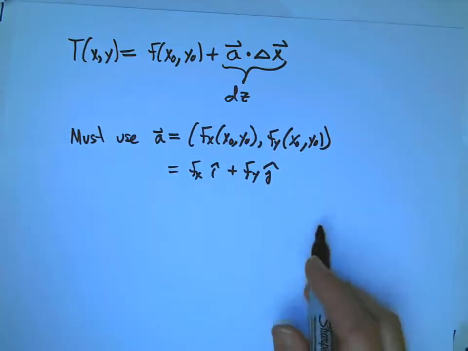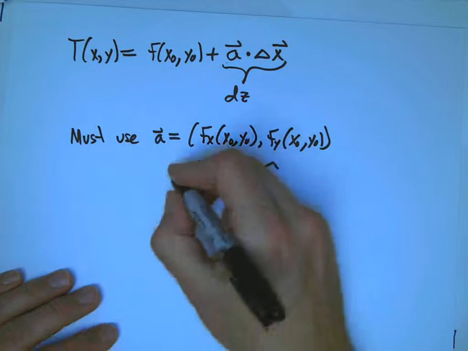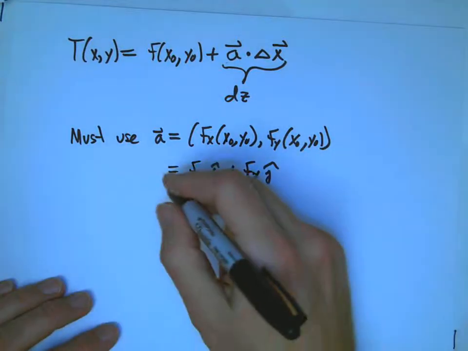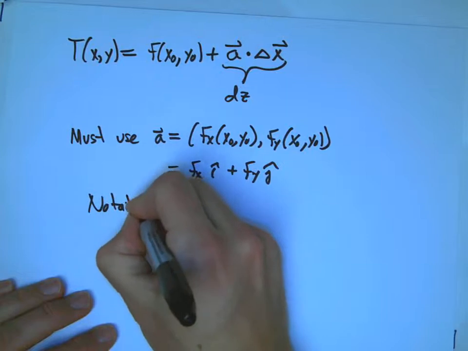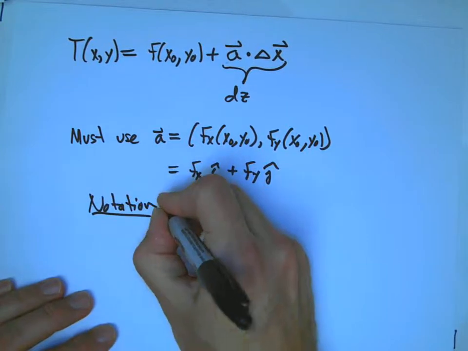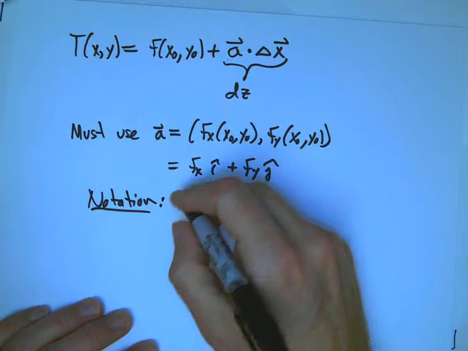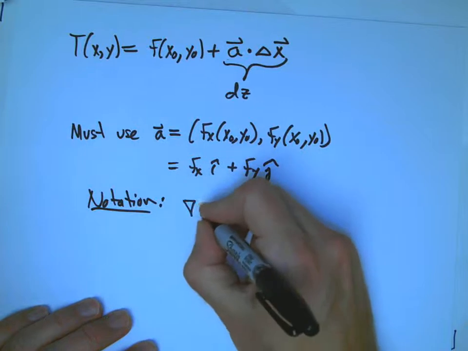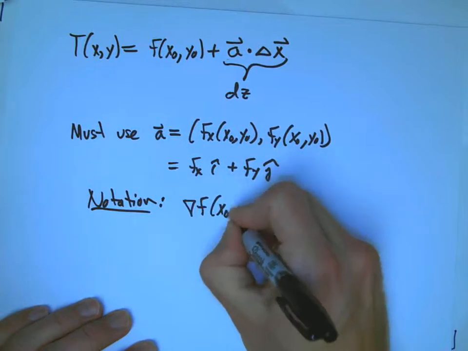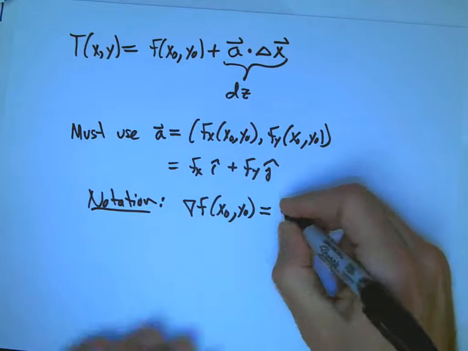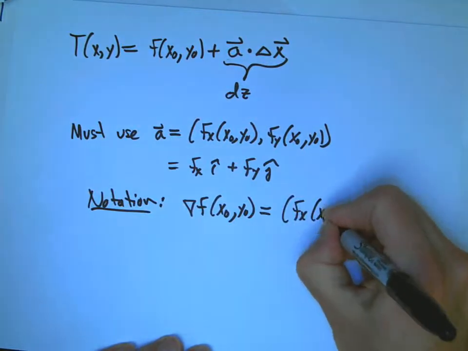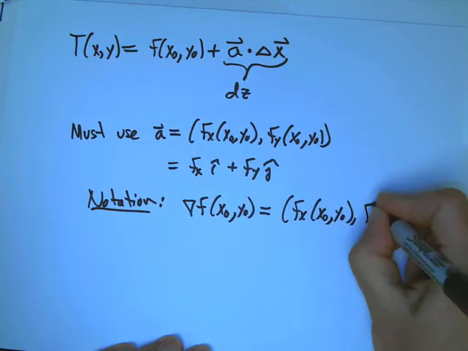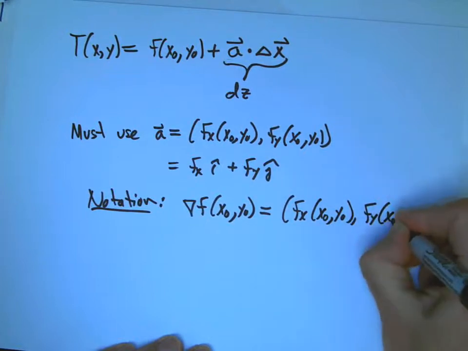Or if you like, fx, fy. I'm going to drop the x naught, y naught just to save a little time and space. If you like ij notation, it's that. And there's in fact a very nice notation for that. I know this is a really notation-heavy lecture, but we have to be prepared for it. We say the gradient of f, evaluated at x naught, y naught, is exactly this vector.